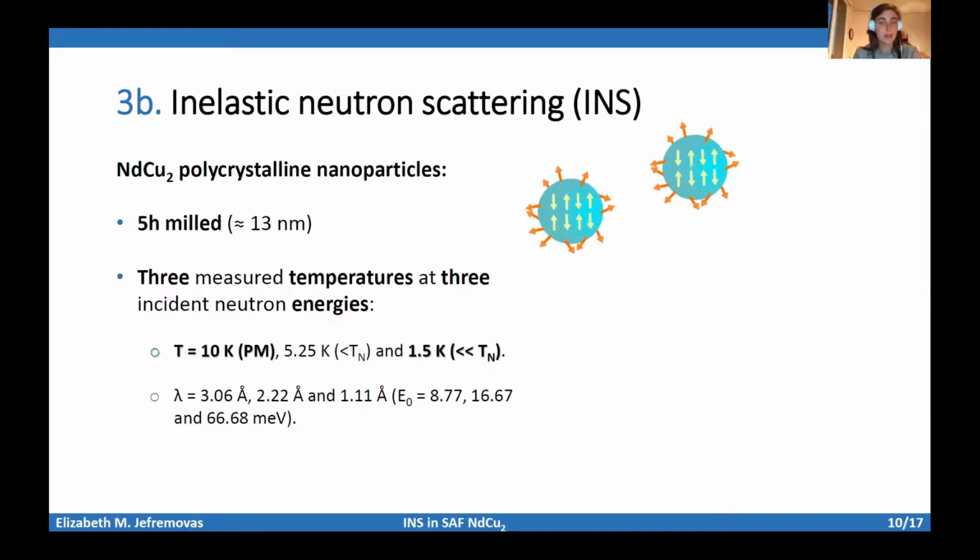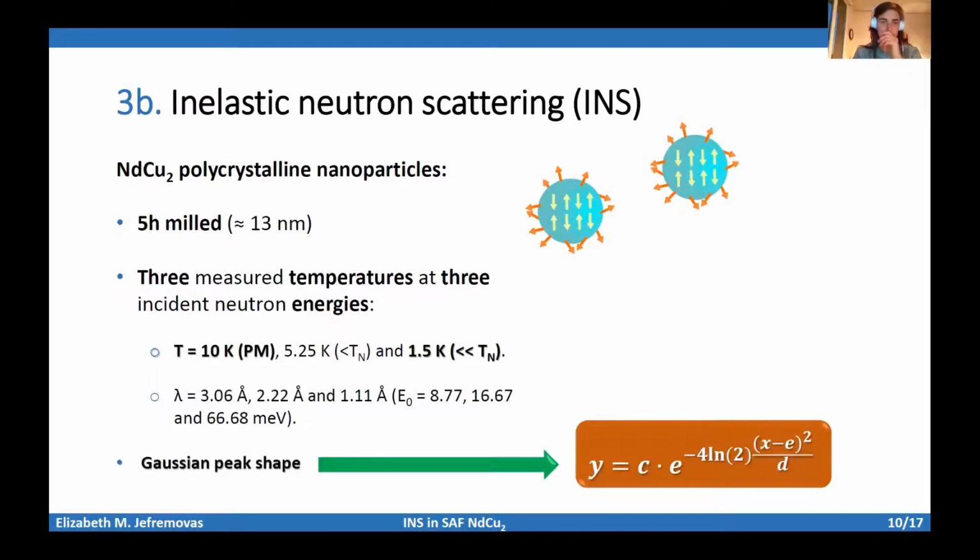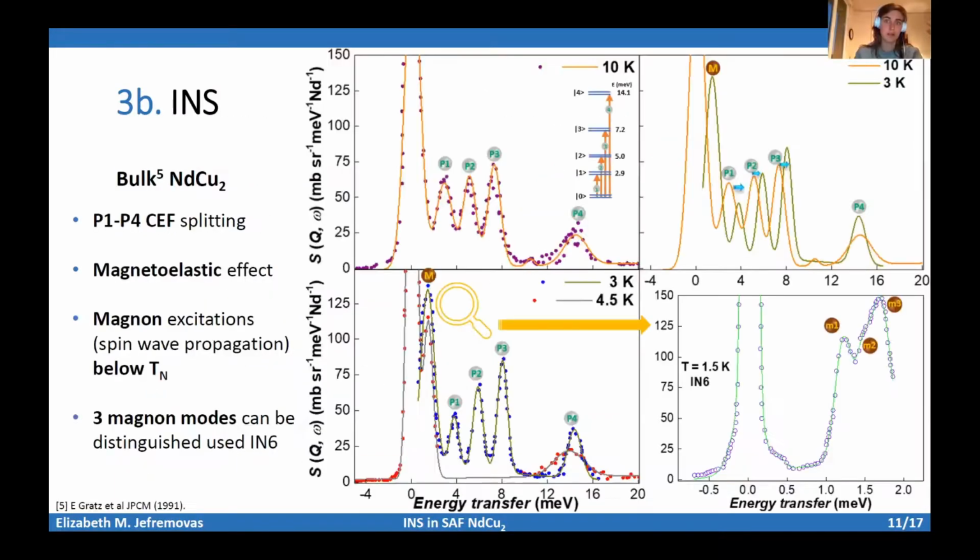In this talk, I will focus on the paramagnetic region at 10 K and the low temperature region well below the Néel transition. To do the fittings, we decided to use a Gaussian line shape for the quasielastic excitation.